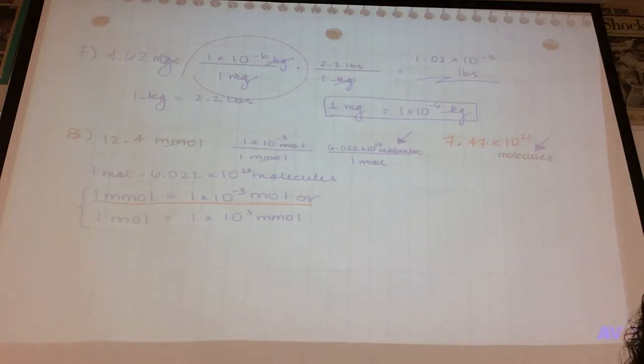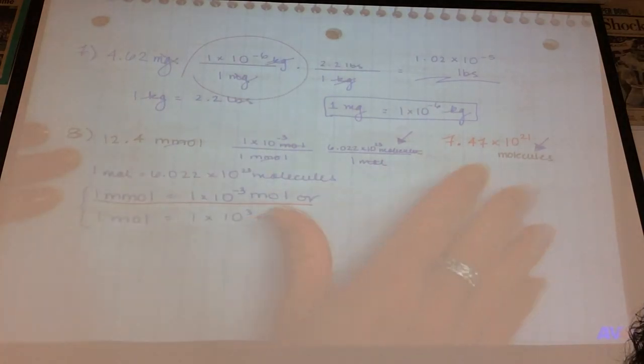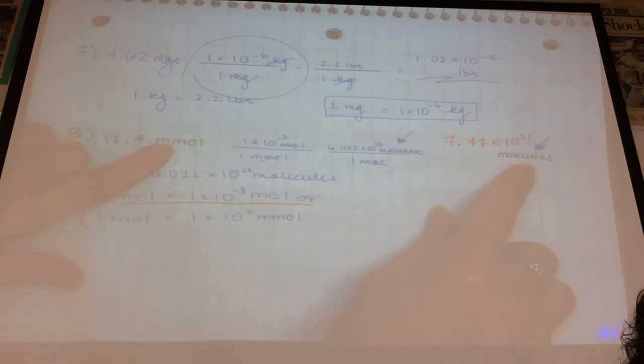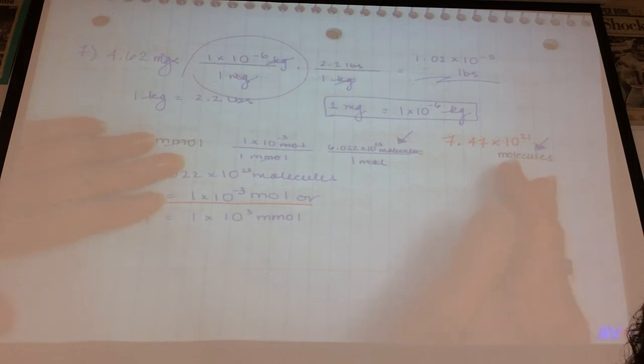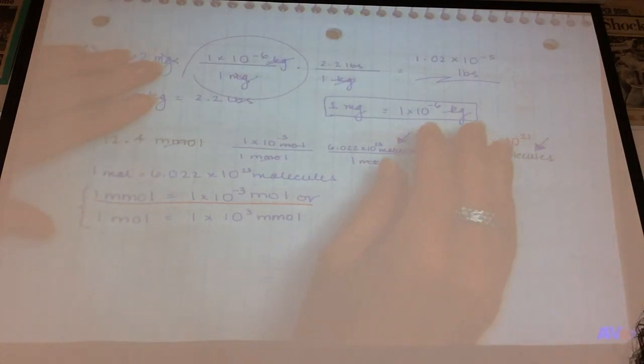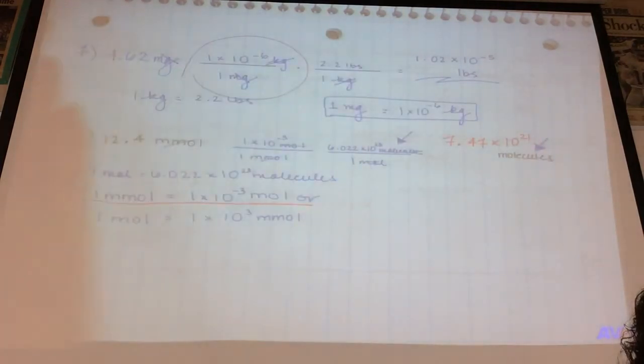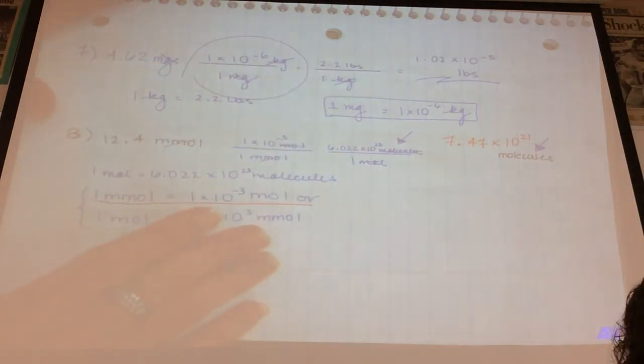I know you'll be able to do it yourself ultimately, but I don't want you nervous for your first quiz, okay? Factor label method, the units drive the problem. Simple conversions, either within the metric system, sometimes between metric and English, etc. Questions here?